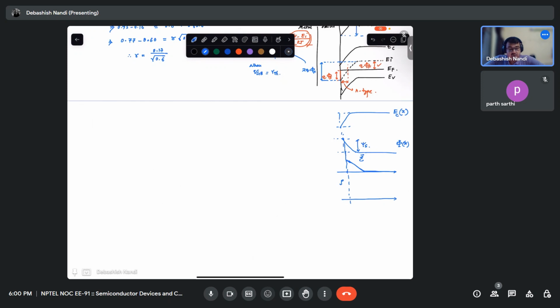What will be rho if my electric profile is like this in P type? So this will be my depletion width, and this will be my entire depletion. This will be my rho profile. So I want to find out this depletion charge, right?